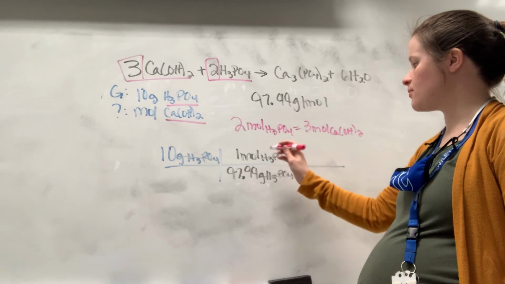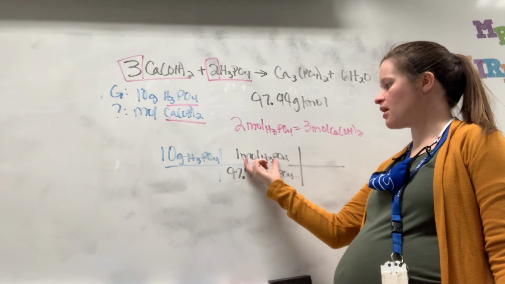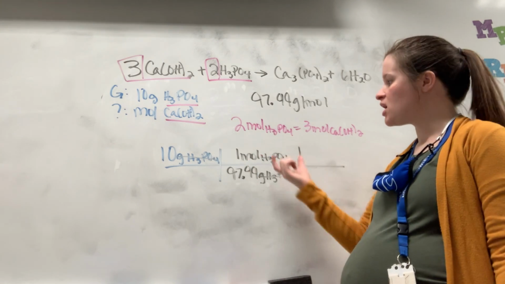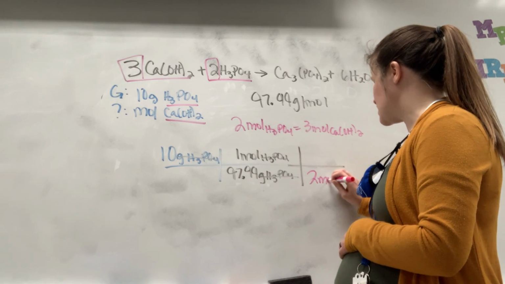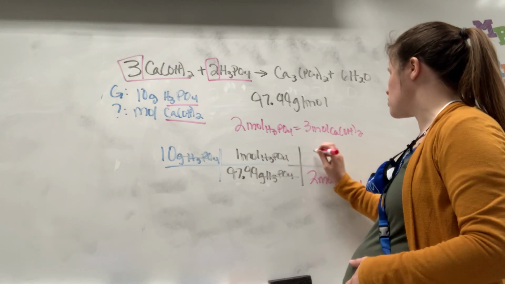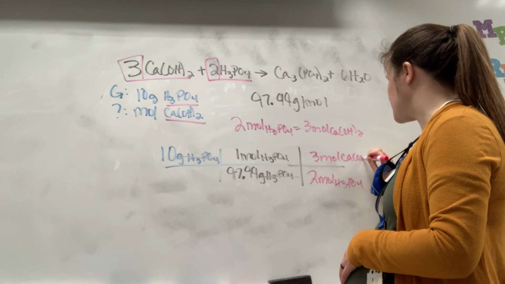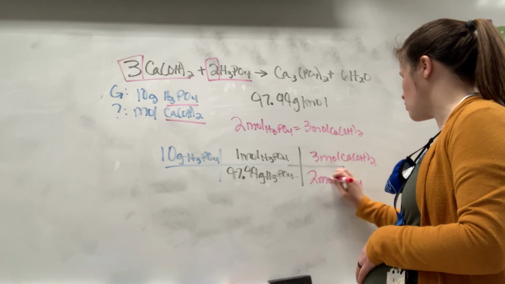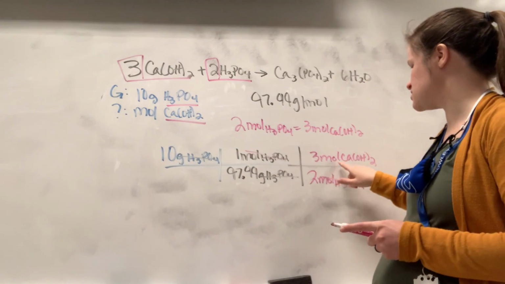Okay, and so then I'm going to put moles of phosphoric acid on bottom because that's what I want to cancel out. So that means I need this guy. So the 2 goes down here because that's going to cancel out because I have phosphoric acid up here. And I want moles of calcium hydroxide up top. And moles cancel moles. And then guess what? That's what they asked me for, moles of calcium hydroxide.